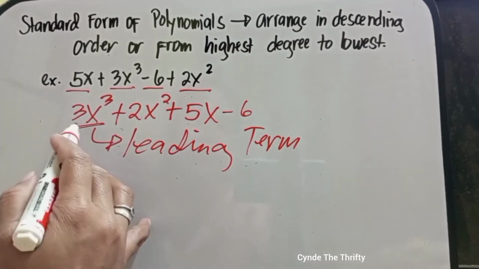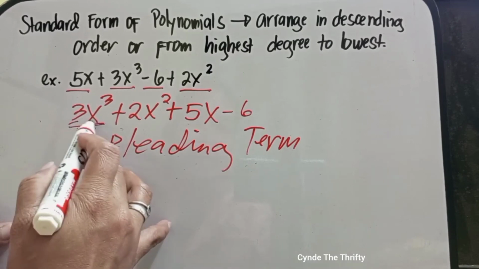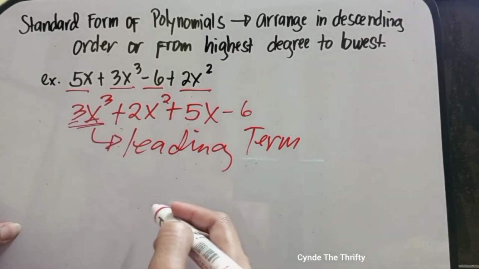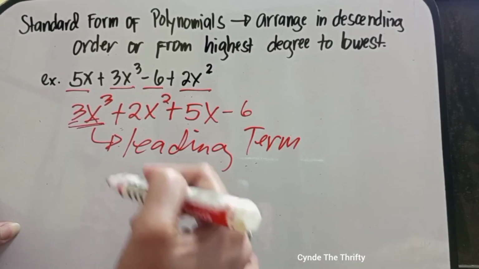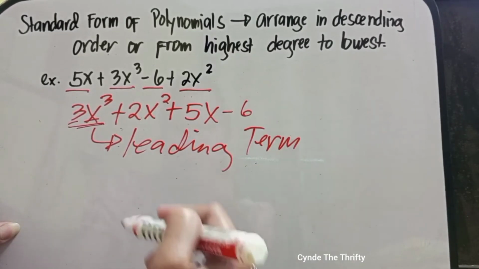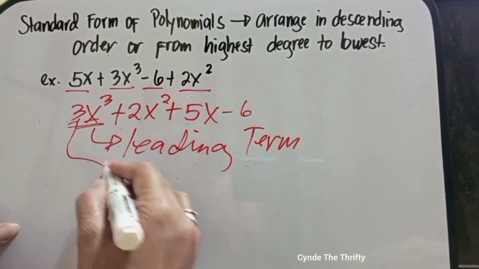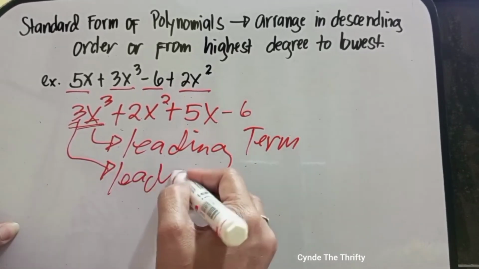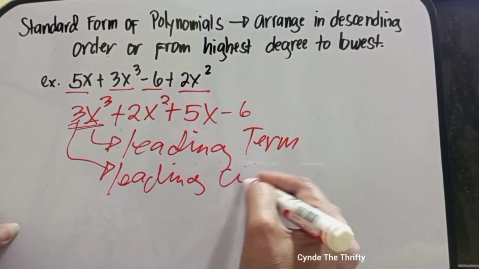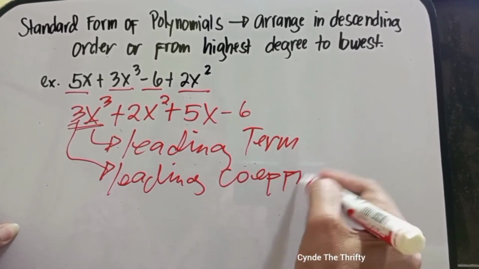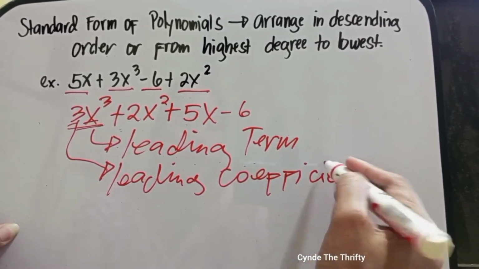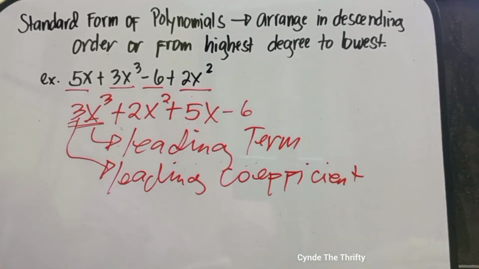So, ang kanyang numerical coefficient again is yung number and ang kanyang literal is yung variable at ang kanyang exponent. Ang tawag din sa ating numerical coefficient, tinatawag din natin itong leading coefficient. So si 3, ito yung ating leading coefficient. Kung meron tayong leading term, meron din tayong tinatawag na leading coefficient. So siya yung nangunguna na coefficient.